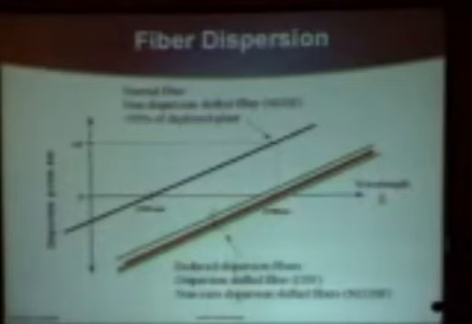And then when people started working in the 1550 range, they went to this kind of fiber, which was dispersion shifted originally, but then they found that when they turned WDM on in the 1550 range, that dispersion was a good thing. So instead of having dispersion shifted fiber, they went to non-zero dispersion shifted fiber, which gives you a small amount of dispersion, but not zero, at 1550.